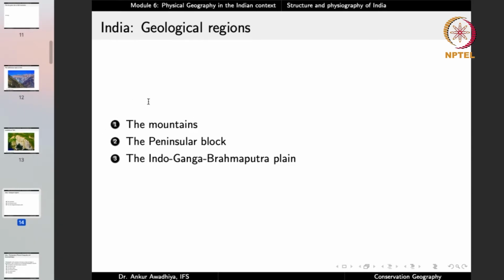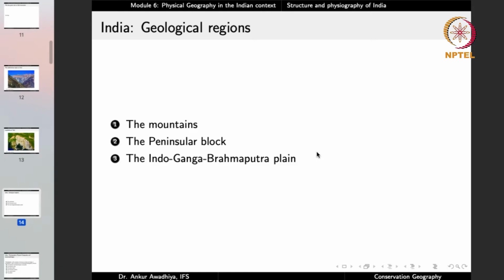So, as we have observed, the mountains are made out of sedimentary rocks that have been folded. The peninsular block is comprised primarily of very old rocks, typically those that have also arisen because of the basalt floodplains. And the Indo-Ganga-Brahmaputra plain has been formed because of large amount of alluvial deposits.